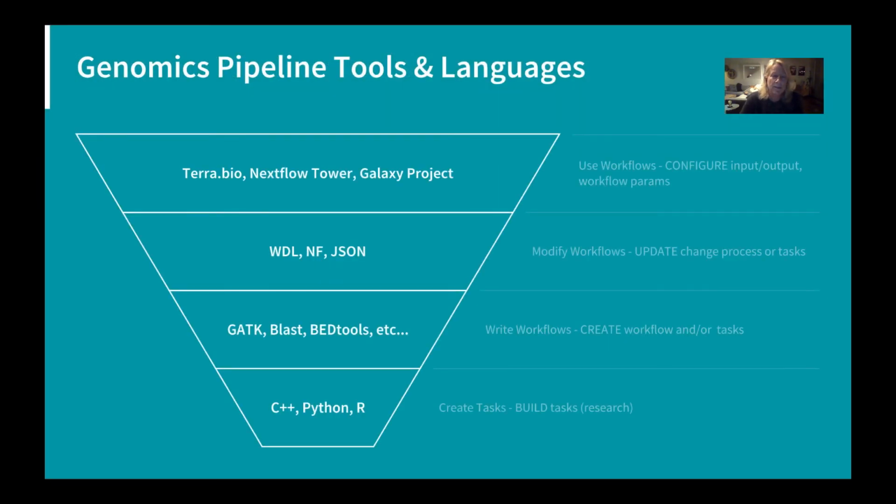So when researchers are trying to figure out how to use the cloud, they have basically 5 different levels. A lot of times they want to start at the bottom, because that is really where they think of their research: they create the analysis task and write it in C++, Python, or R. But more and more, you want to start at the top, because these tools are becoming standard: Terra.bio, Nextflow Tower, and there's another one called Galaxy Project, and there are more.